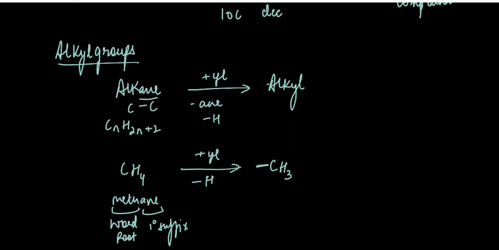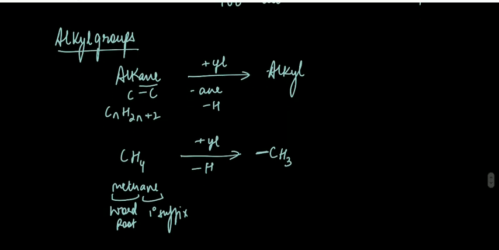When we give a proper name based on a set of rules to a particular structure, we decide which carbon can act as an alkyl, but it is always a branch on the main parent chain. So this will become methyl.